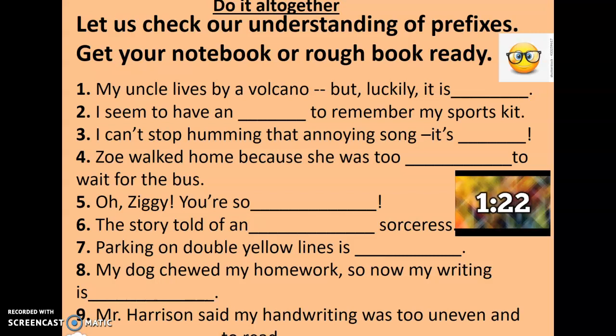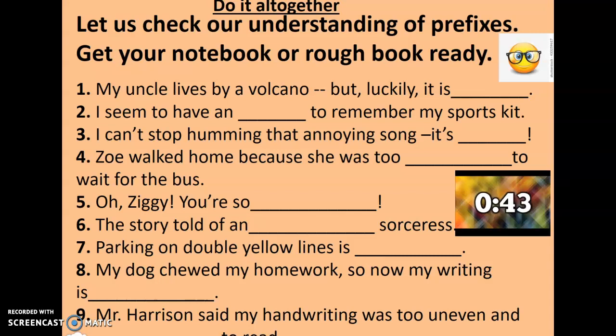Impossible. Number four, Zoe walked home because she was too impatient to wait for the bus. What does impatient mean? Not willing to wait. Good job. Number five, oh Ziggy, you are so immature. Immature means childish.